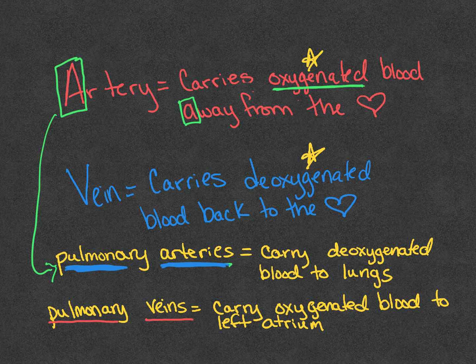So pulmonary veins are carrying oxygenated blood back to the left atrium. Try to recognize that in your models and in your textbook pictures. Yes, you can say that usually arteries are colored red and usually veins are colored blue, with the exception of the pulmonary arteries and the pulmonary veins. So keep that in mind.